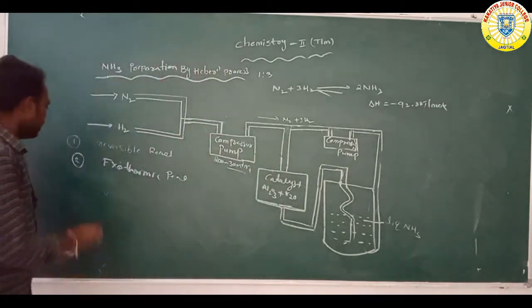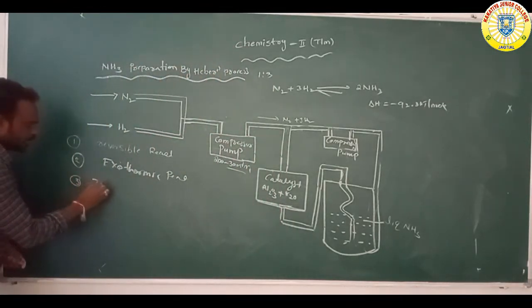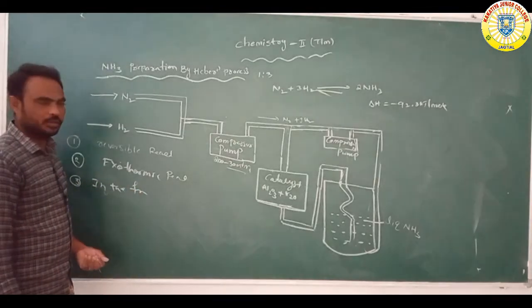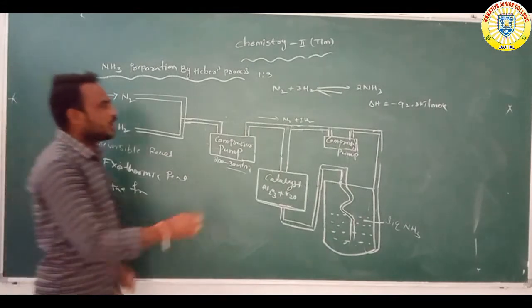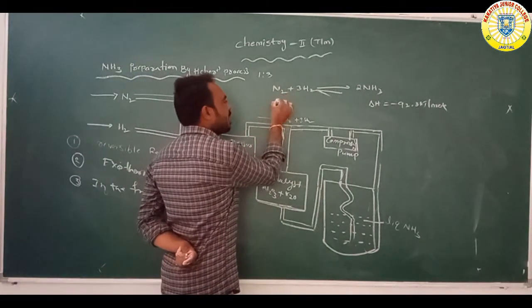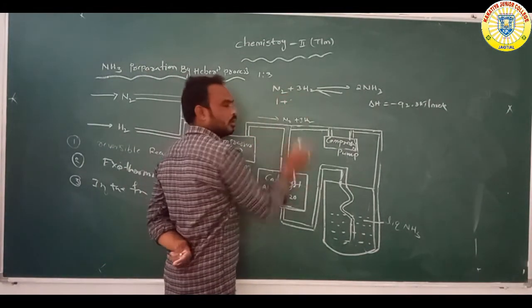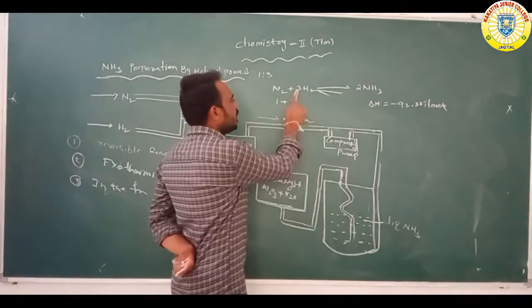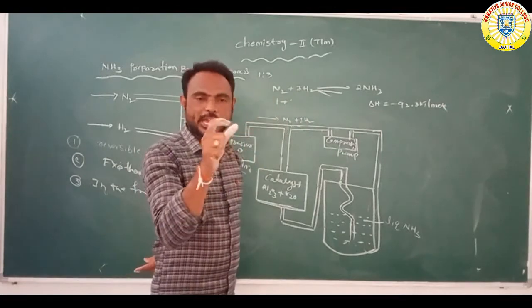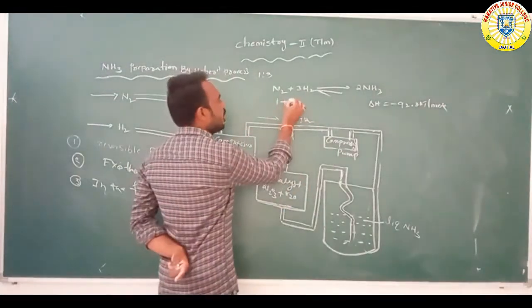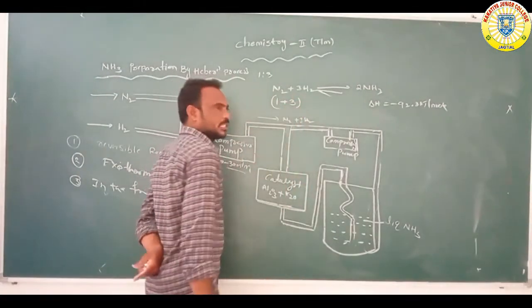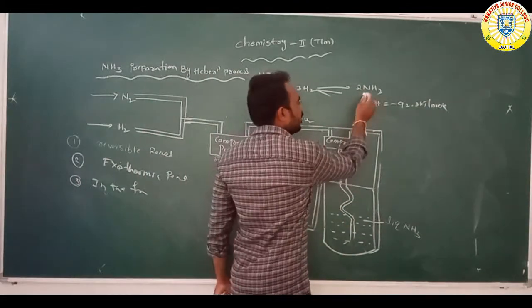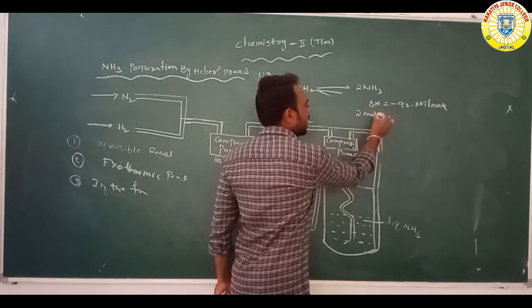In the forward reaction, we take 1 mole volume of nitrogen and 3 moles volume of hydrogen. Total, 4 moles. But ammonia is only 2 moles volume.